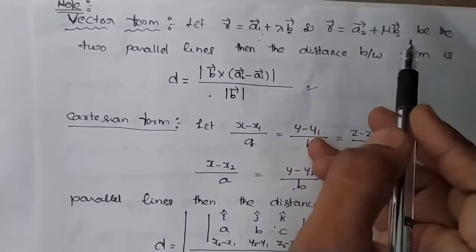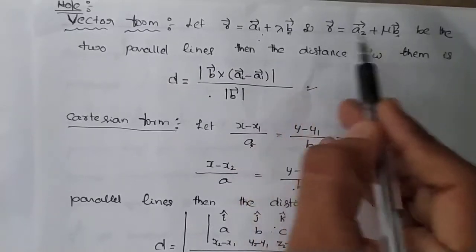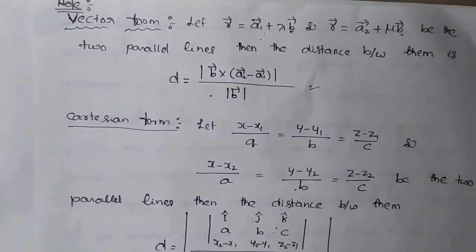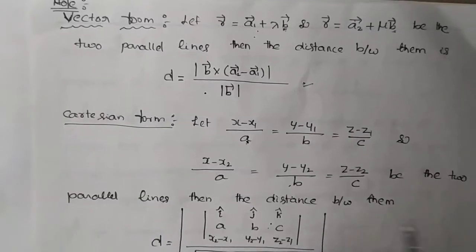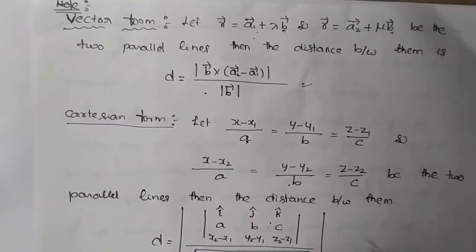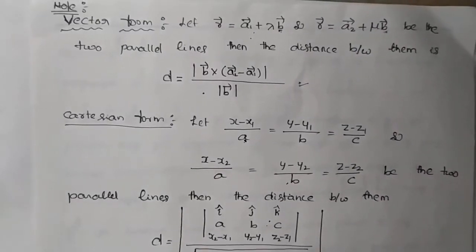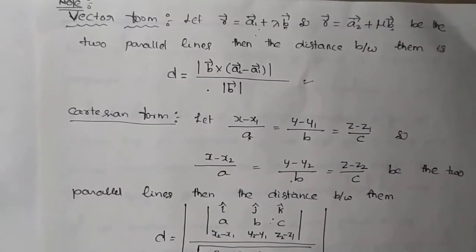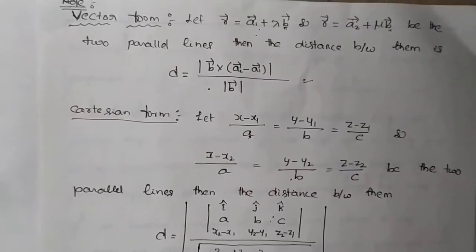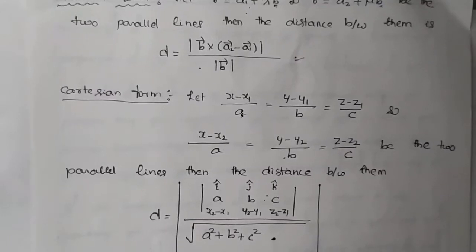If the two parallel lines are given, then b vector, right? Kindly do not confuse the skew lines and the parallel lines. You just note down this note point in your notebook. Based on these formulas, we are going to solve the problems.